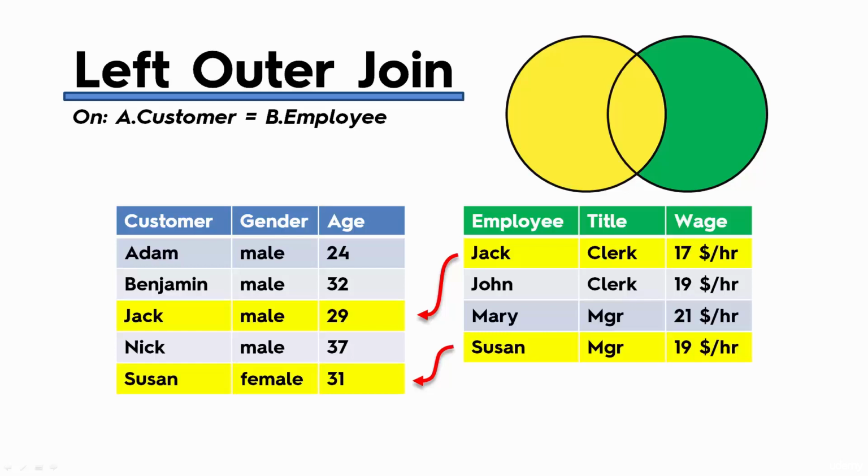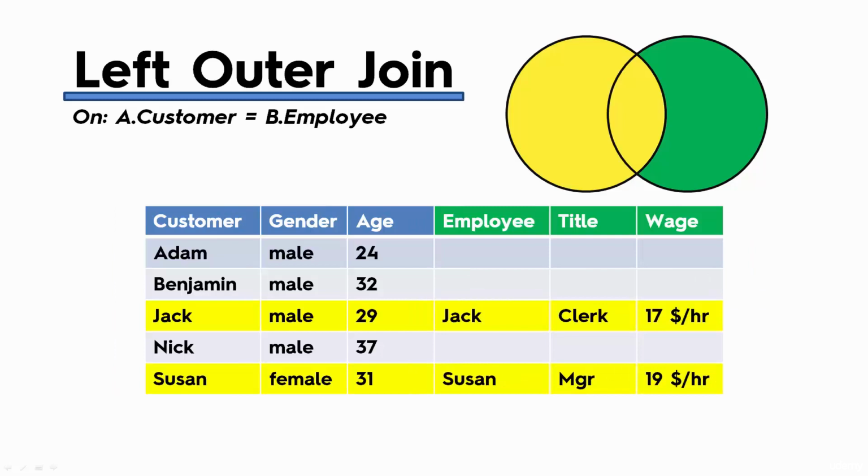And since the left table is the primary one, rows cannot be discarded from the left table. Rows will only be discarded from the non-primary table. So here, Jack is matched with Jack, Susan is matched with Susan again, and then the rest of the rows in the second table are discarded because they didn't have a match. And so the resulting table will look like this.